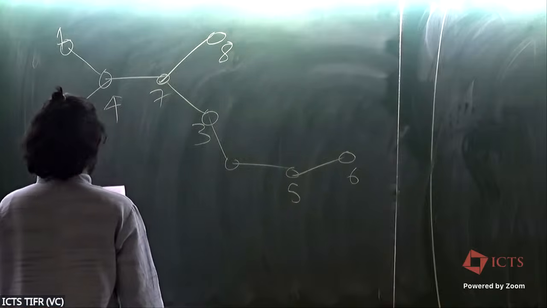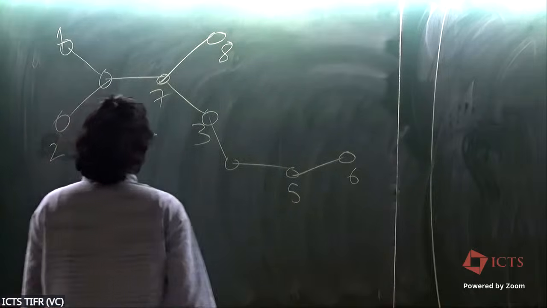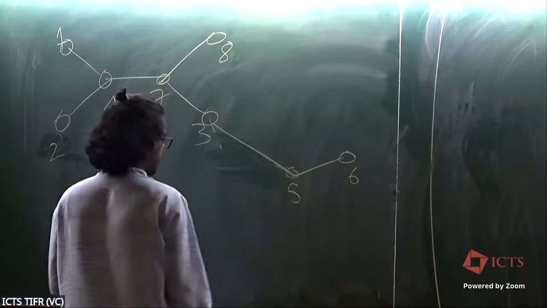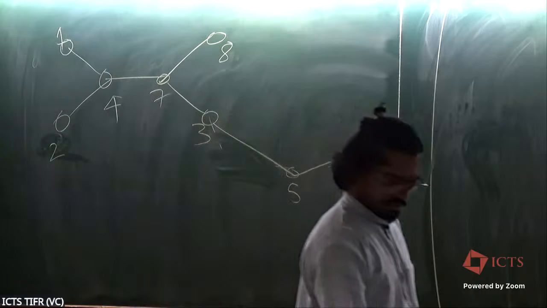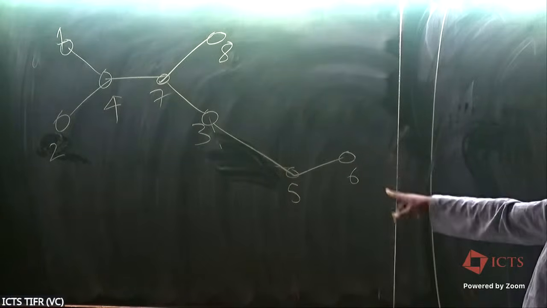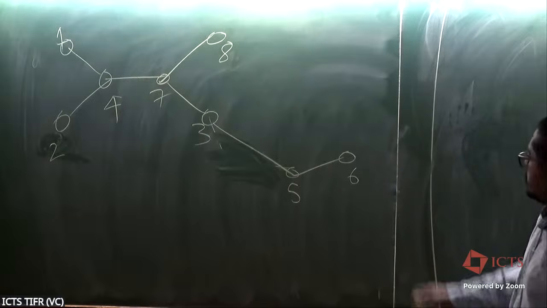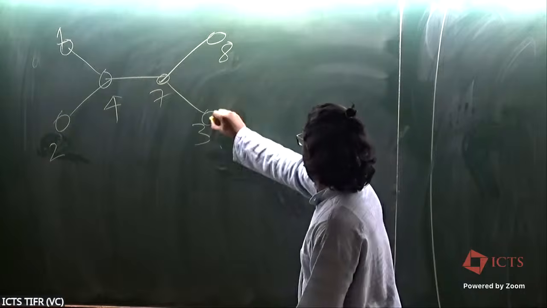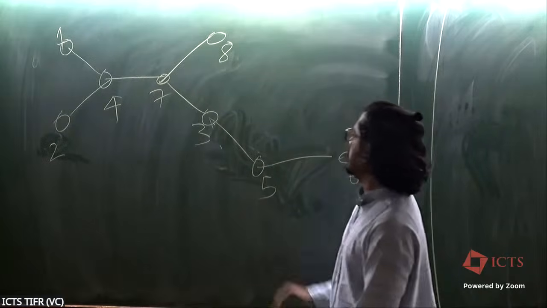Does that make sense? I guess I missed a 9. Yeah, sure, let's just put this to make it the same. 3, 4, 5, 6, 7, 8. Okay, so this is a tree on 8 vertices.